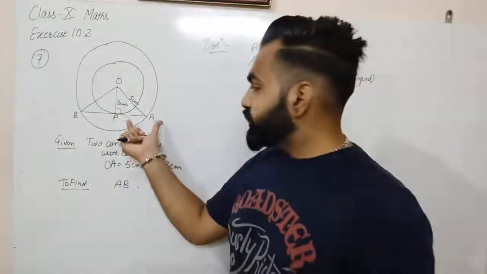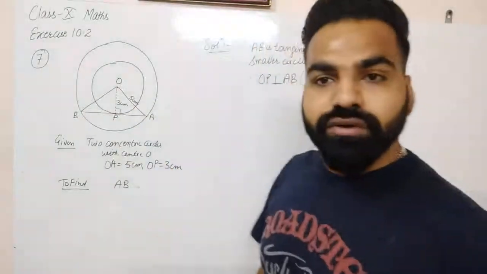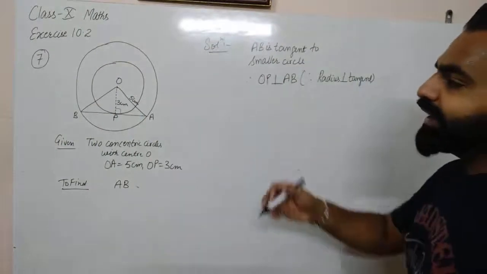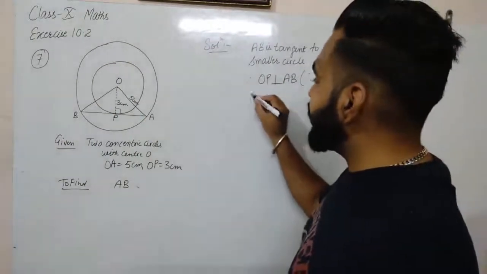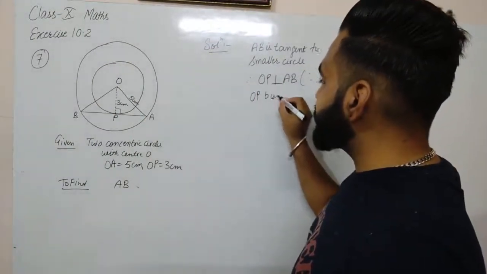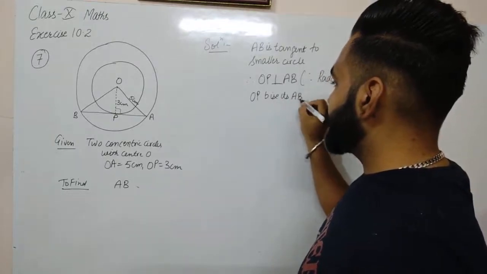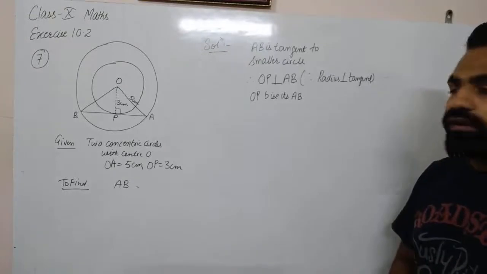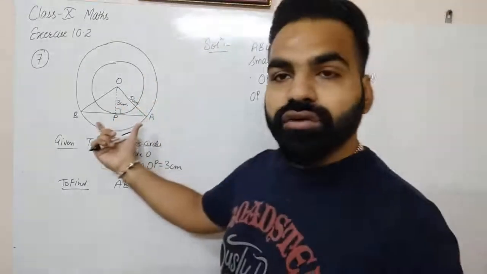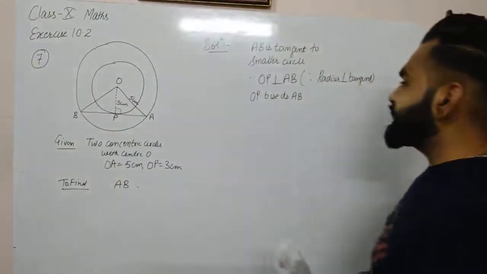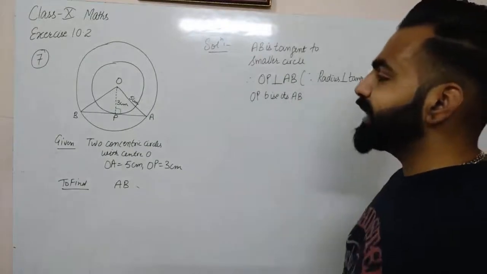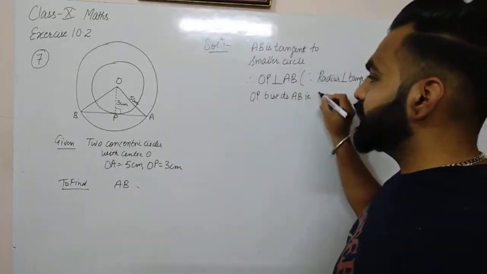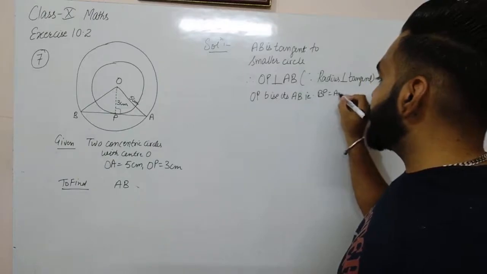So from here also we can say that AP is equal to BP. Or we can directly use the result that OP bisects AB because this is the chord and the perpendicular line from center to the chord bisects it. So OP bisects AB, that is BP is equal to AP.